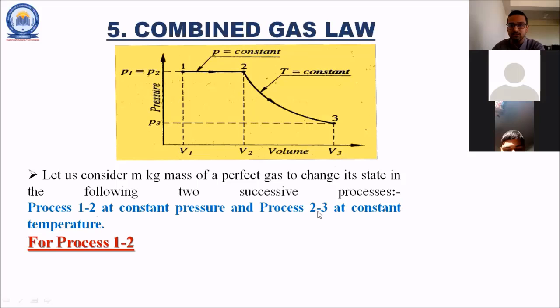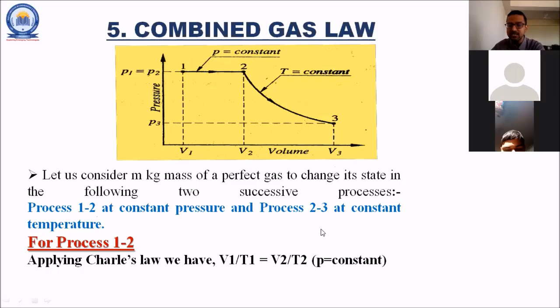So applying Charles' law, we are getting the equation V1 by T1 is equal to V2 by T2, initial state equal to final state, because the pressure remains constant. I hope you have understood this point. Moving further, since 2 to 3 is taking place at constant temperature, the temperature remains constant. So I can write T2 is equal to T3.